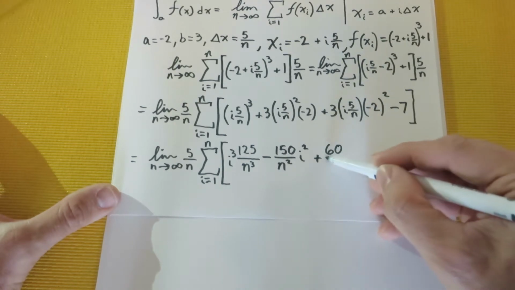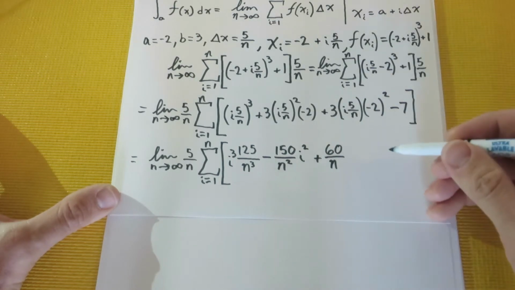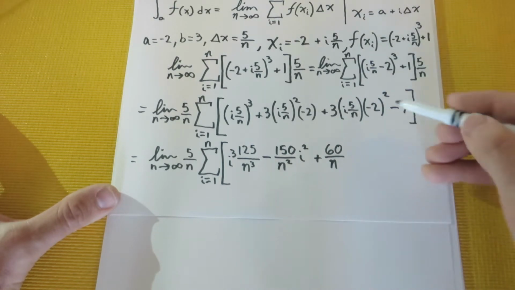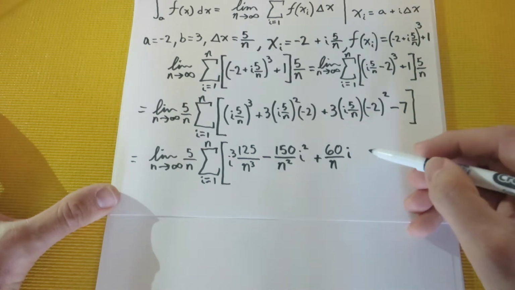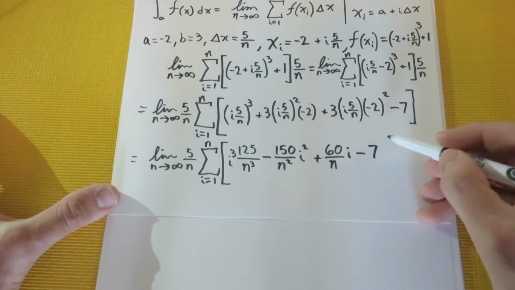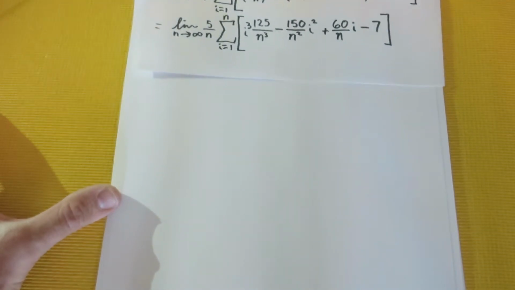All of that over n. We just have a single n there in the denominator. And don't forget we're multiplying by i here. And then we still have our minus 7. Alright. So just bring this up a little bit.